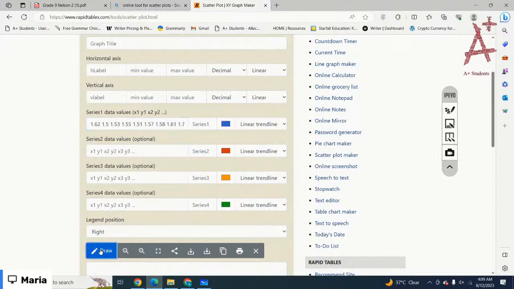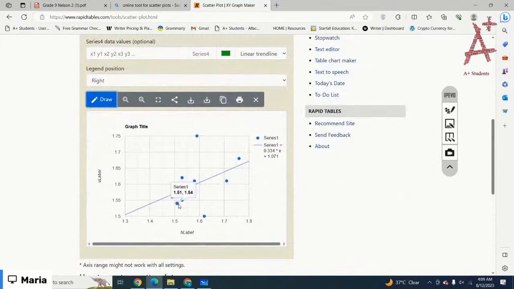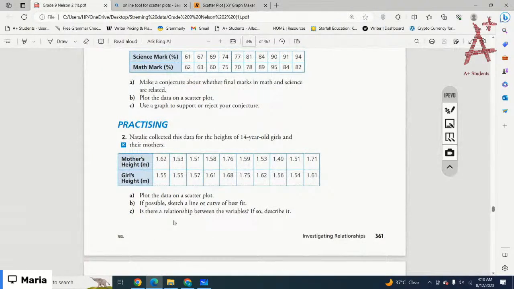Okay, draw. Here is the scatter plot, right? These are the values. So we are done with the scatter plot. Now for the B part, you have to, if possible, sketch a line or curve of best fit.